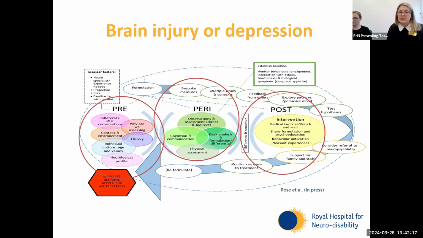We would be looking at immediate intervention, but that's also likely to be more on the side of reducing behavior that's at risk of harming the person, or getting our medical colleagues to have a look at, is there a medication that needs to be used to reduce any distress, which is a different formulation from somebody with a pervasive mood disorder. So like I said, formulation is really, I think, the sort of missing puzzle piece that needs to be used with this patient population.